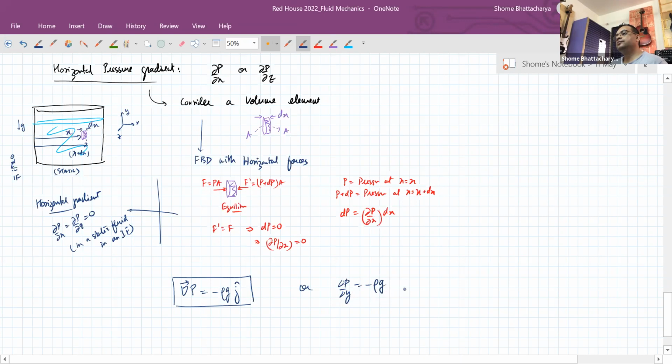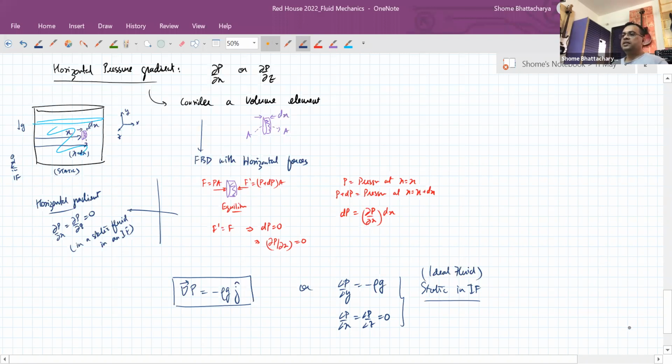And del p by del x and del p by del z are 0. So this is a simpler way of writing it, okay? Because it's a uniform rate of change, the average rate of change is equal to the instantaneous rate of change. So this is the case that happens in this one, where we have an ideal fluid, static in the inertial frame.